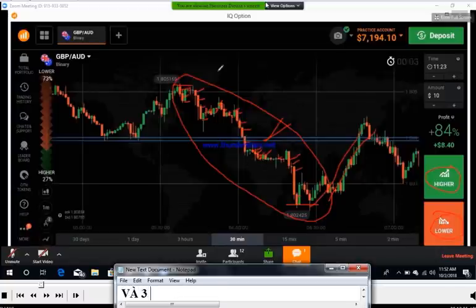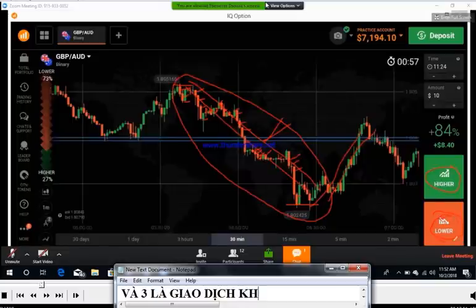And these two points: number one, always trade in the direction of the trend. In the direction means, this is a downtrend, so always trade with the lower option. Number two, always trade at the strong level. This is a strong level.